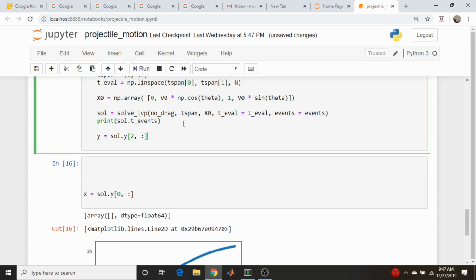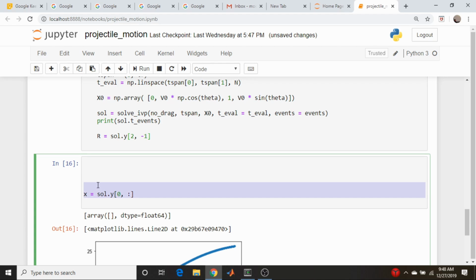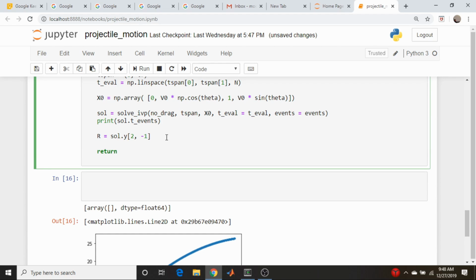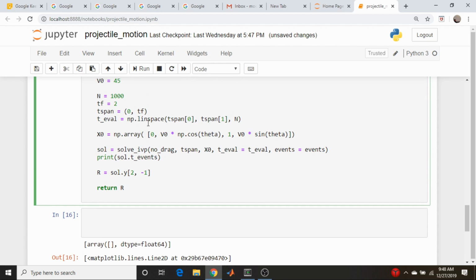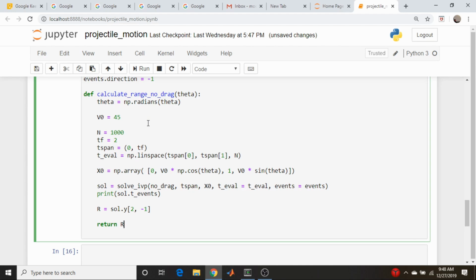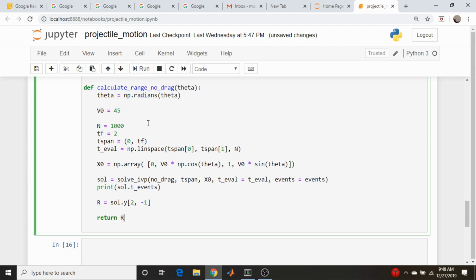So our range, we'll call the variable r, and instead of being the whole column of y values, it'll just be the last element, so the -1 element. And let's just clear all this stuff off of here and return r. So right now there's no error checking to make sure our event is actually being triggered, but let's just run this to test things.